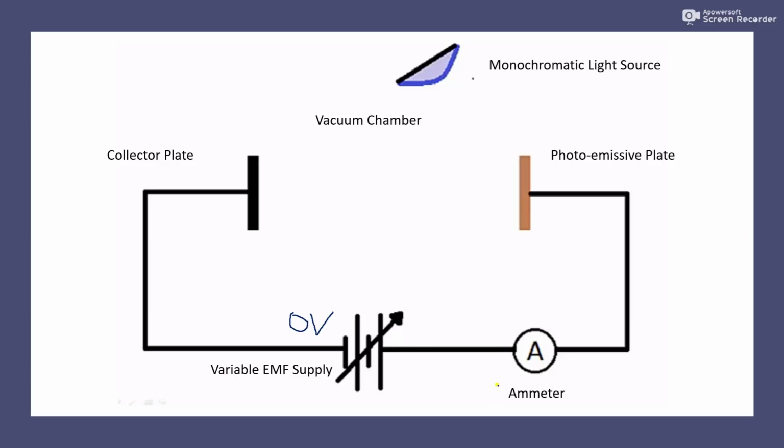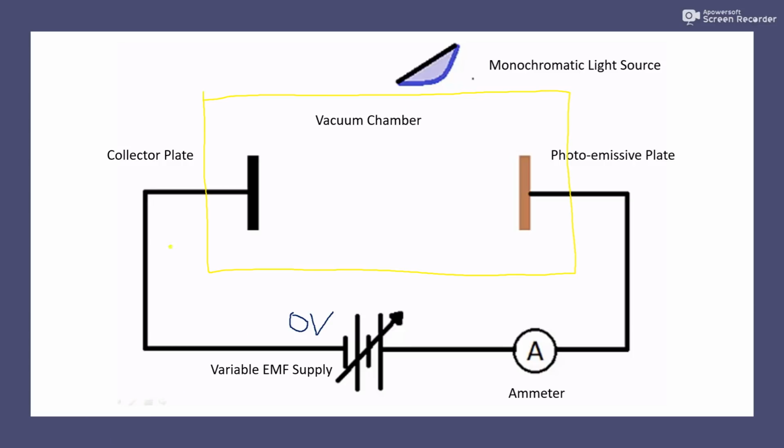We have an ammeter, and we have two plates, a photoemissive plate and a collector plate. We will explain what these two plates do in a while. We keep these two plates within a vacuum chamber, so there are no other air particles which will interfere with our experiment.